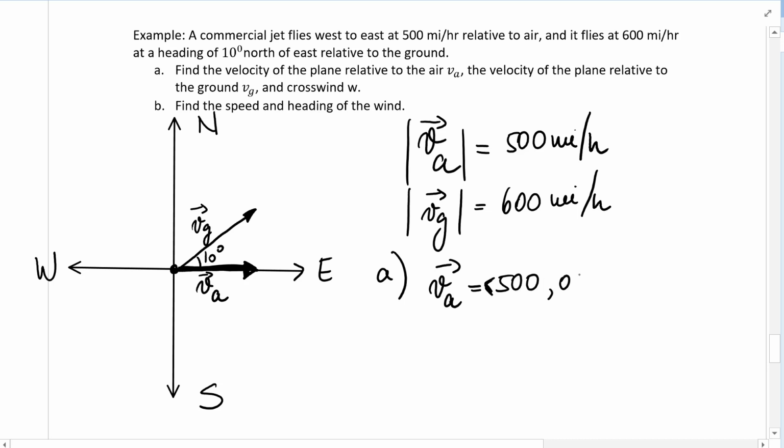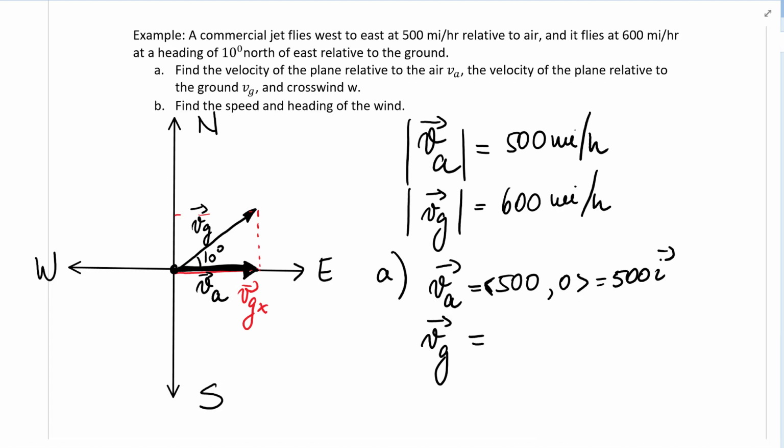We can write it in component form, 500, 0, or we can write it 500 i. VG, well, we have to do a little bit of math to do that. We want to find the x component, VGX, and we want to find the y component.